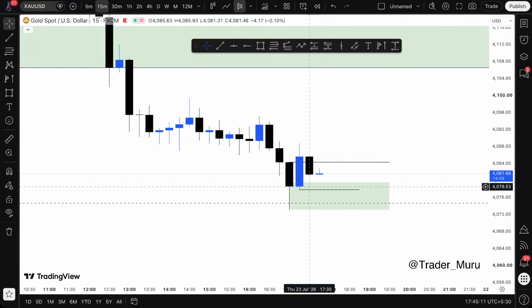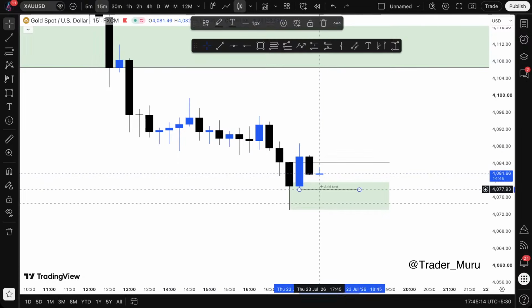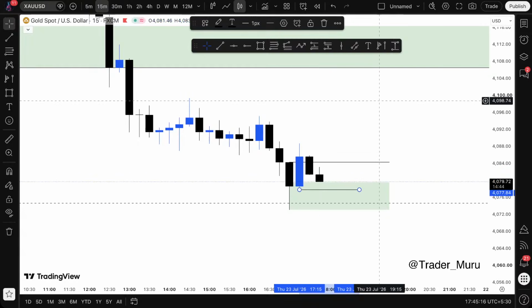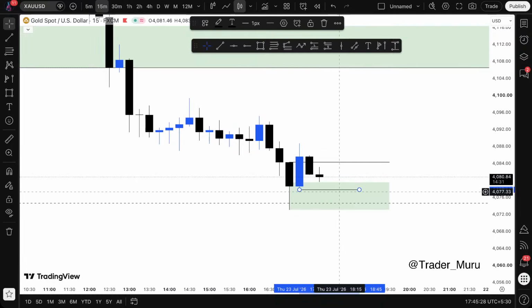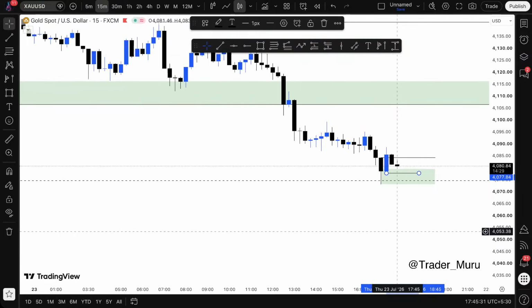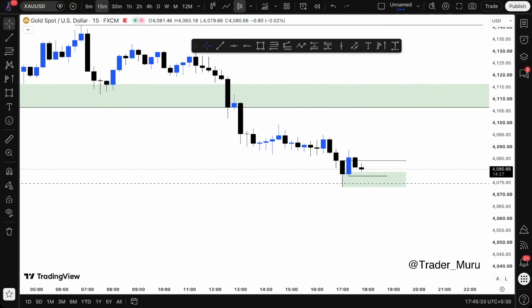If you want to have a stop loss below it, or if you want to wait for the news, which will also come when this candle closes. Okay, so if this candle closes here, the next candle will be a big spike to the upside. If this candle closes below this low, the next candle will be a big spike downside. Two probabilities.